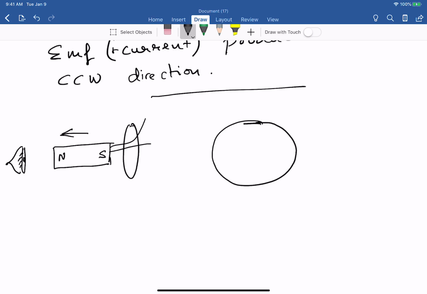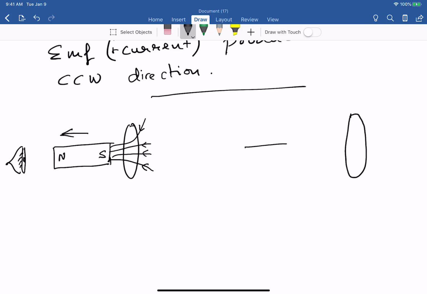So the magnetic field lines, more or less, enter the magnet near the south pole, right? So the magnetic field lines look like this. And then when you move the magnet away, the diagram will look like this.